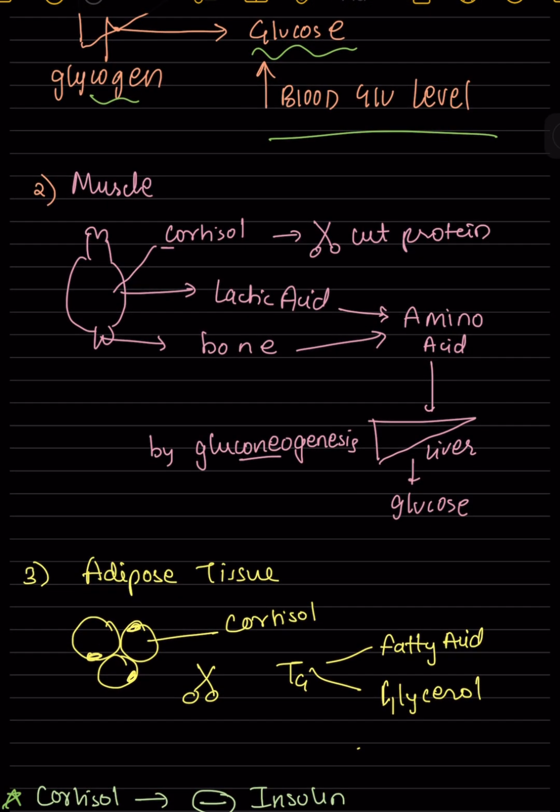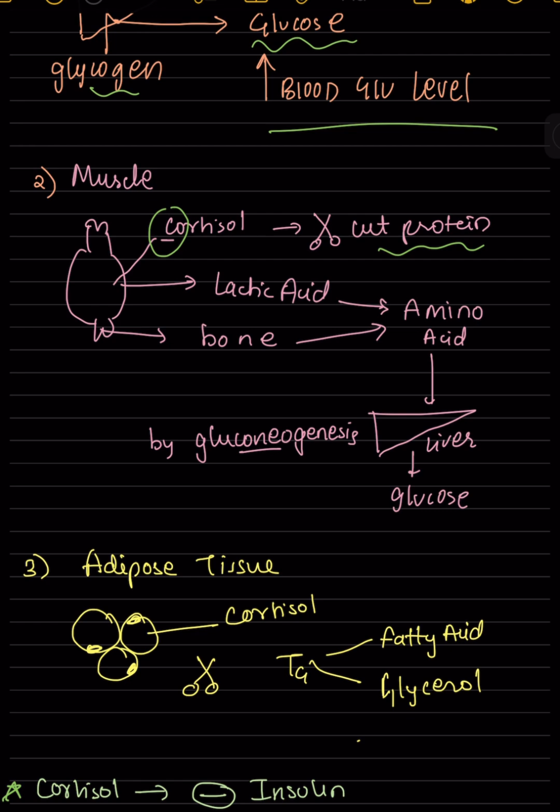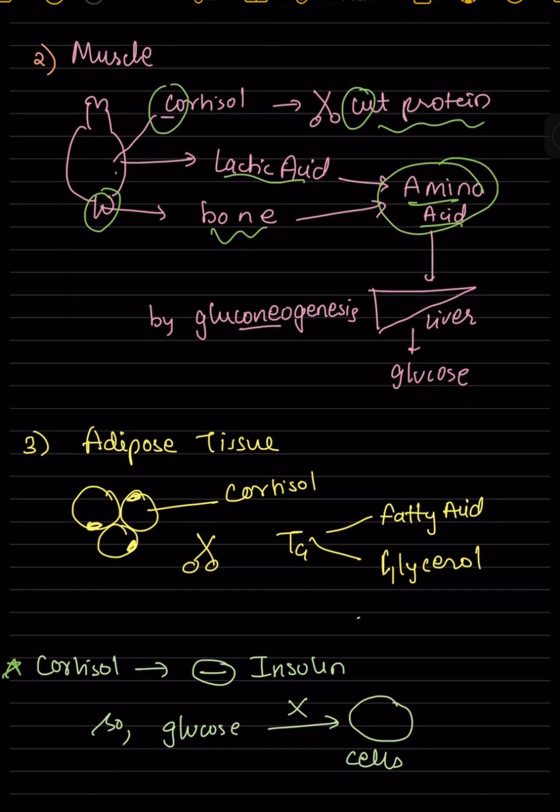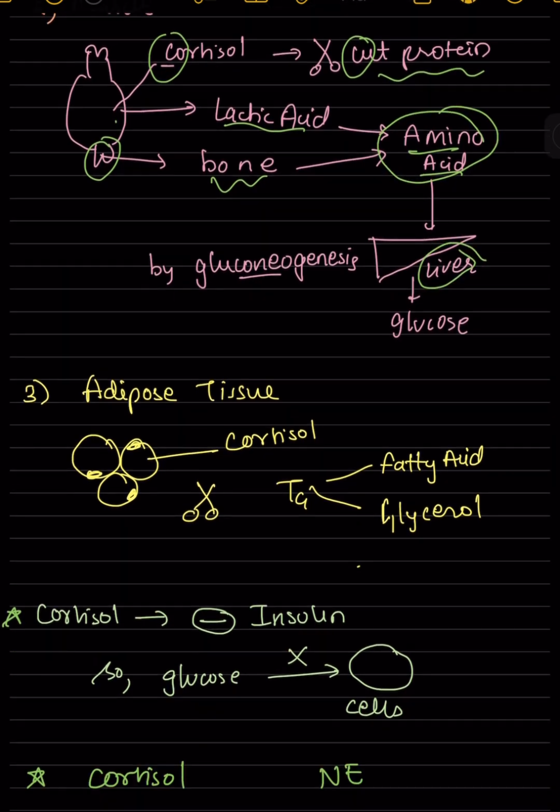Cortisol cuts the muscle proteins, which releases amino acids. It also acts on the bones and releases amino acids. These amino acids are sent into the liver for the formation of glucose. This formation of glucose from sources other than glycogen is known as gluconeogenesis, new formation of glucose.